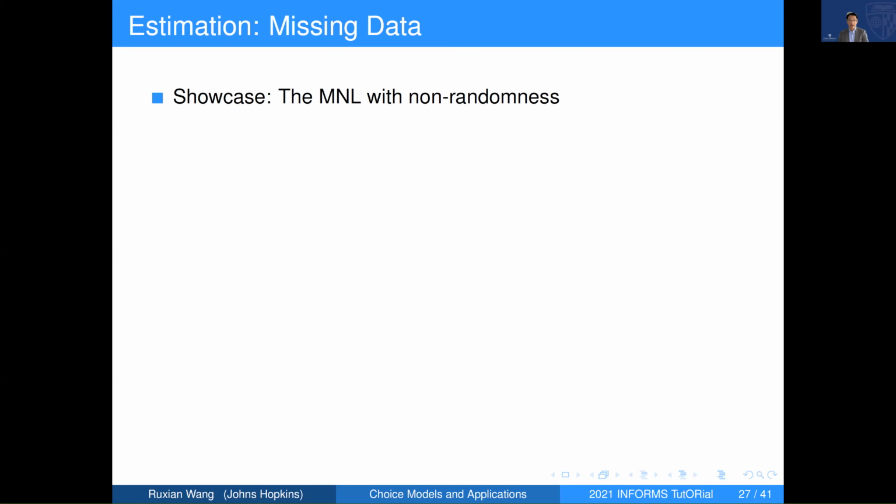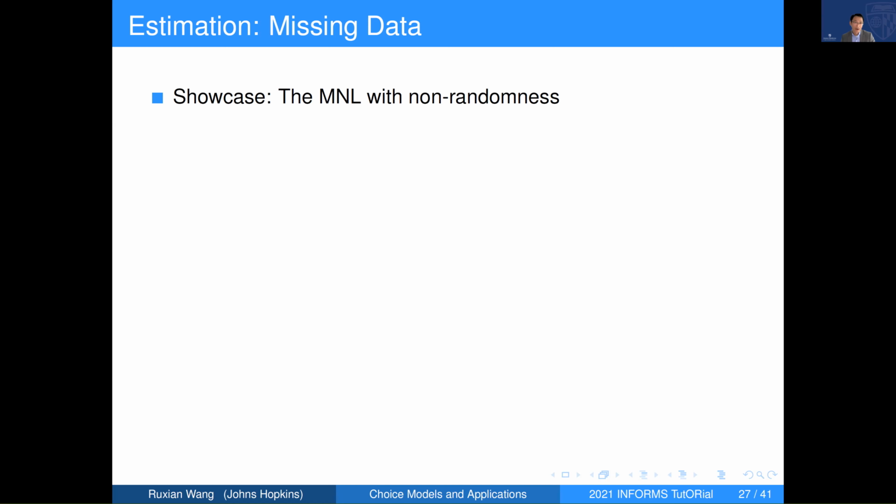All right. Next, I want to briefly talk about some issues in the estimation. Actually, when we work in practice, there may be some issues in the data because here, we want to estimate the models. We want to calibrate the parameters in the choice models.